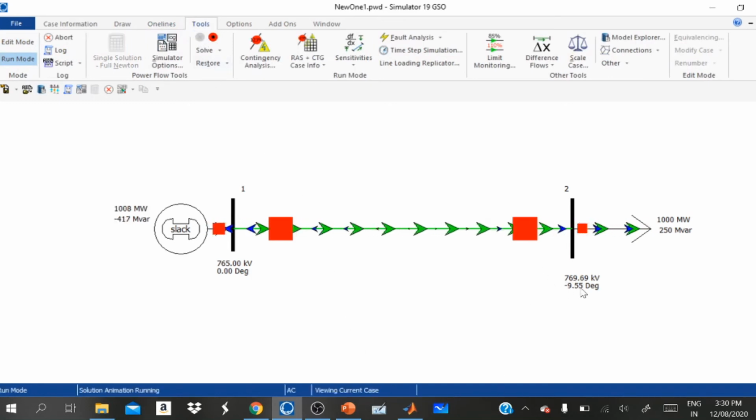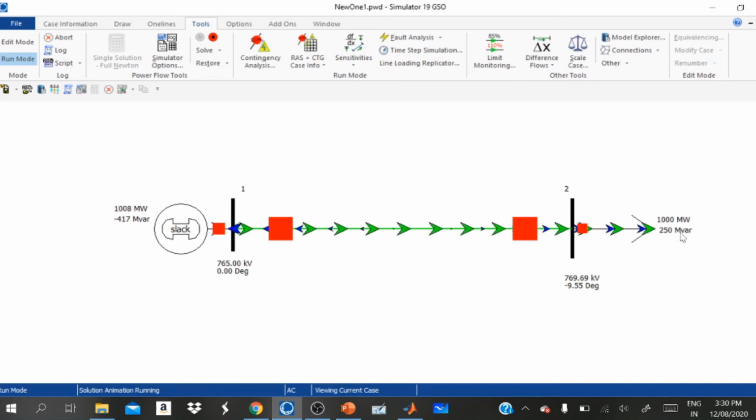Now we can note down the voltage at the sending end and the receiving end. Here the voltage is 765. The angle is 9.55 degrees, the power angle. The load we connected here is 1000 megawatt.